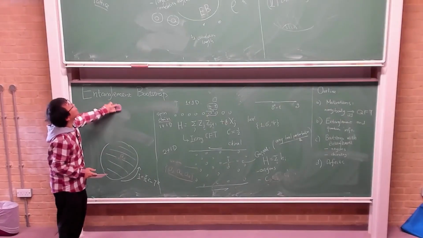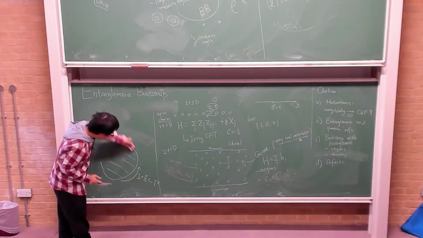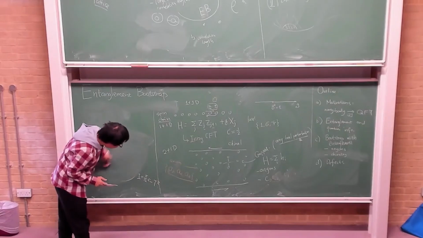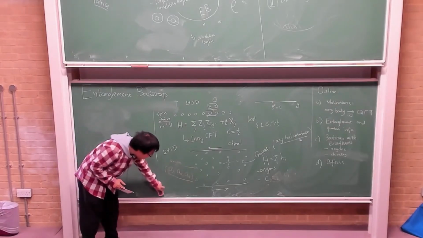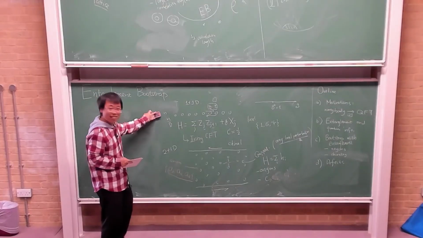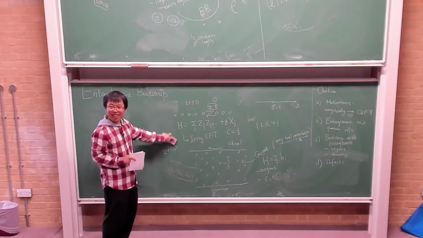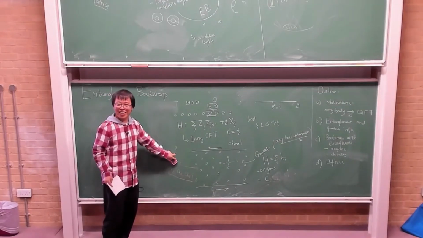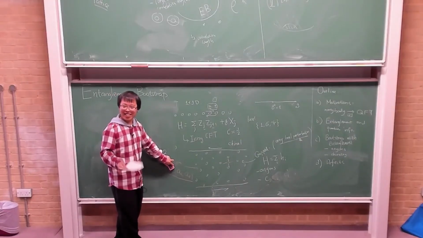When you do numerics, you want a large system to extract the theory. Actually, I'm wondering whether Frank has a comment because you're an expert on tensor networks.